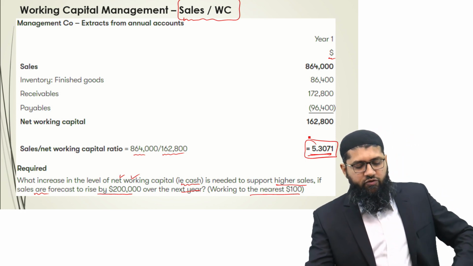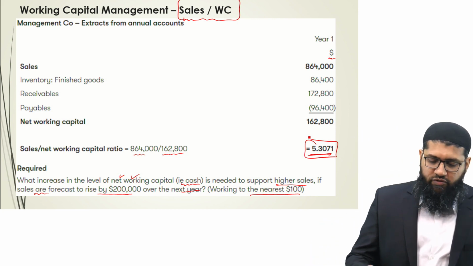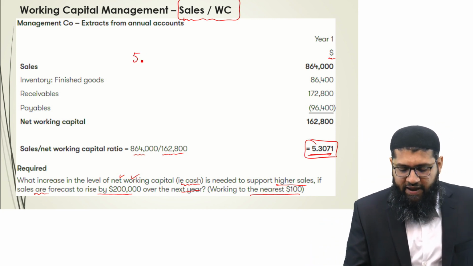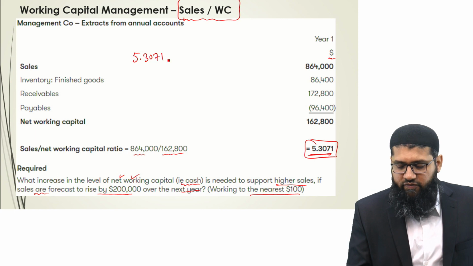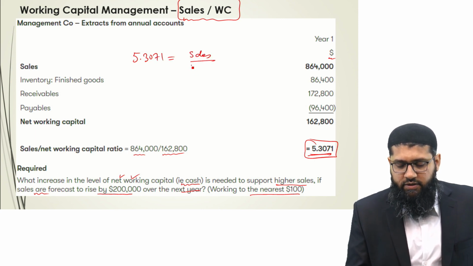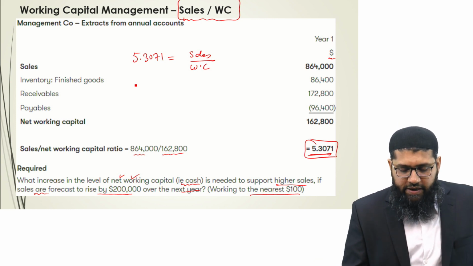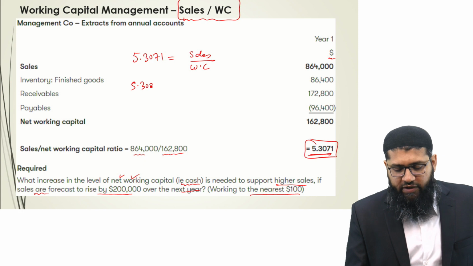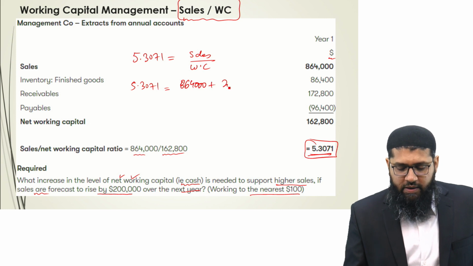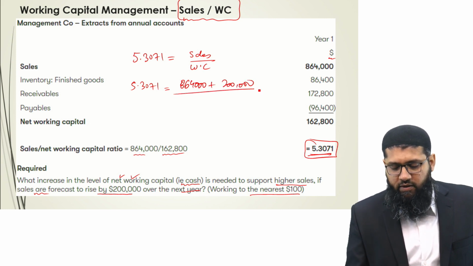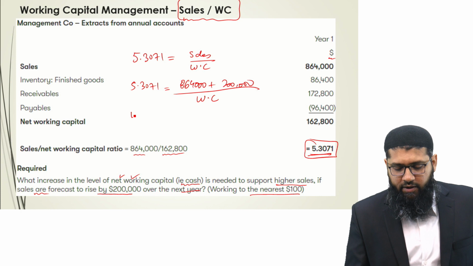So let's just try to see what's going to happen. You're simply going to say, okay, 5.3071 is equivalent to sales divided by working capital. So if this ratio is going to remain the same, the sales is going to be 864,000 plus 200,000 divided by working capital.